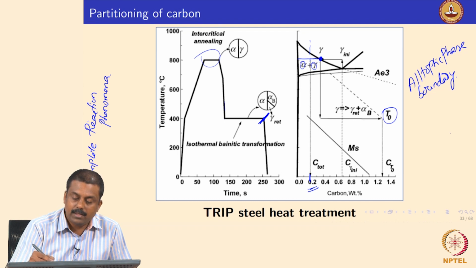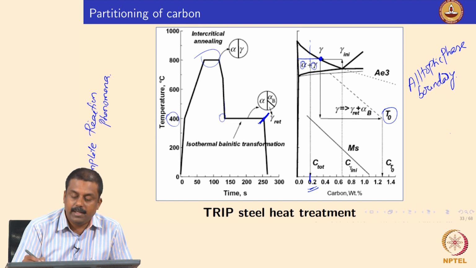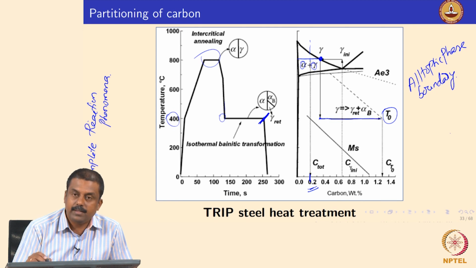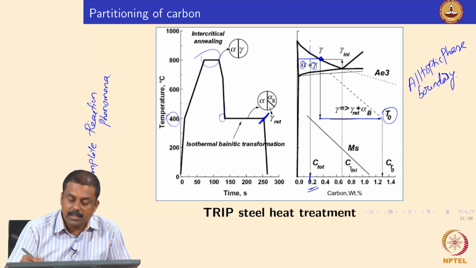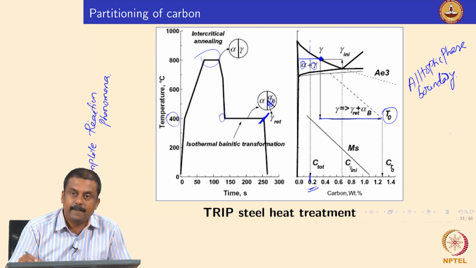We are cooling this austenite to the temperature region of the isothermal bainitic holding, and at this holding we are forming bainite without cementite formation. During this process the carbon is pushed towards the untransformed austenite, right. Until what point?